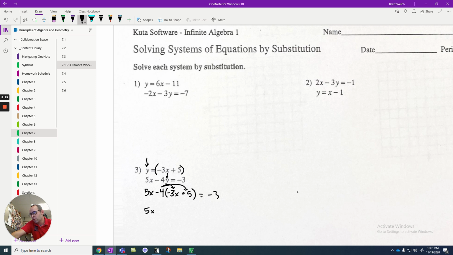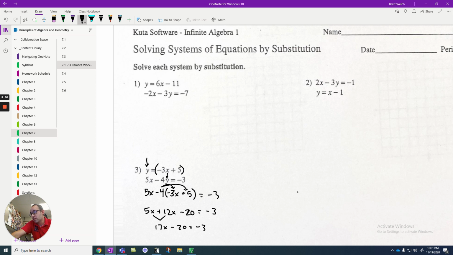But now a negative 4 times a negative 3x is a positive 12x. And negative 4 times 5 is negative 20. And that equals negative 3. If I combine my like terms, 5x plus 12x is 17x. I still have a minus 20 equals negative 3.